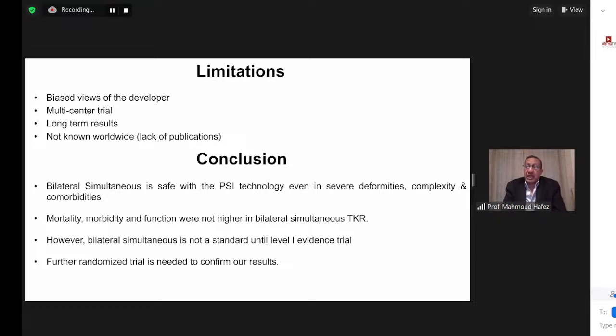We know from the Australian registry that bilateral simultaneous, done with computer-assisted technology with robotics, navigation, or PSI, definitely had fewer complications. This is a very strong paper I advise you to look at. Still, we need further randomized trials to confirm our results. Thank you for listening, and I'll be happy to take questions.